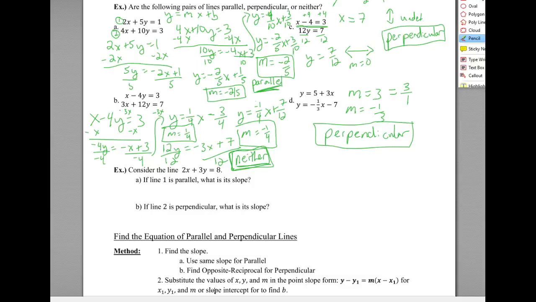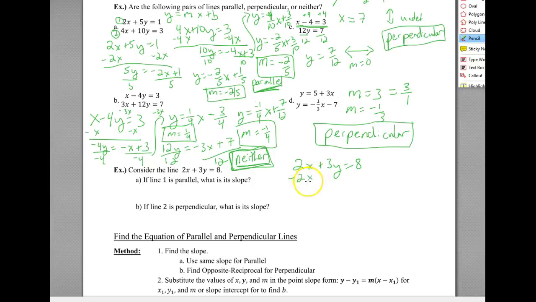One last thing here. This next example says consider the line 2x plus 3y equals 8. If line 1 is parallel, what is its slope? Well, to know what it would be, it has to be the exact same as this line. So we're going to solve this line for y, and it will be the exact same slope. So starting with 2x plus 3y equals 8.